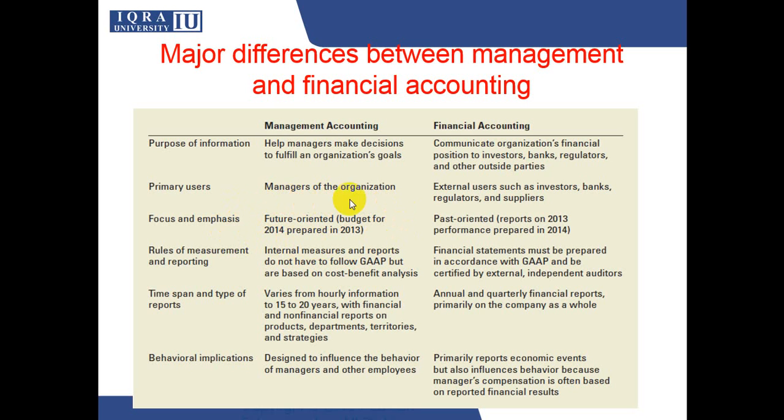In financial accounting, the reports are past oriented: reports on 2013 performance prepared in 2014. The 2013 past data or past information is used to prepare the report in 2014.